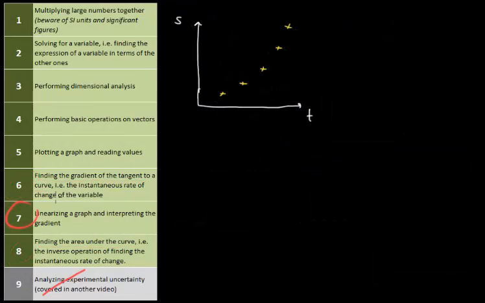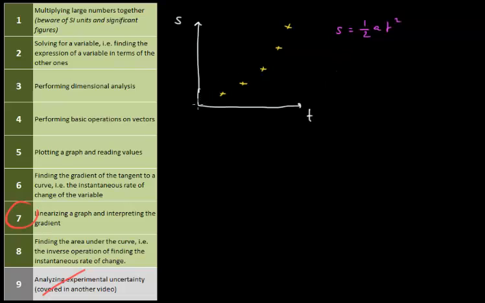So now let's talk about linearizing a graph and interpreting its gradient. This is an operation you'll be using when doing a lab report. For example, imagine you collected data on a free-falling object, the distance it covered versus time. You know that the equation looks like this: s is equal to 1/2 a t squared if it's released at rest.